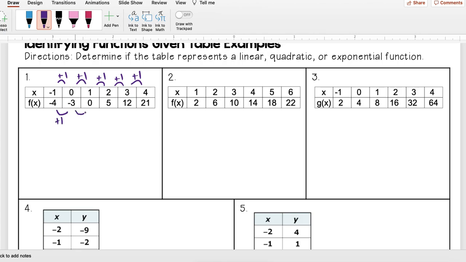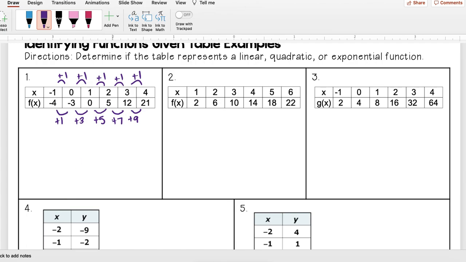To get from -3 to 0, I have to add 3, because -3 plus 3 equals 0. To get from 0 to 5, I add 5. 5 to 12, I add 7. And then from 12 to 21, I add 9. Another way you can find those numbers is if you take the second number and subtract the first. So 21 minus 12, and you get 9.